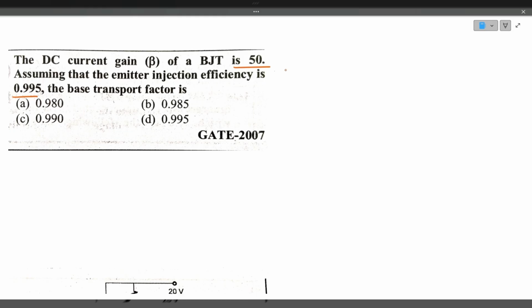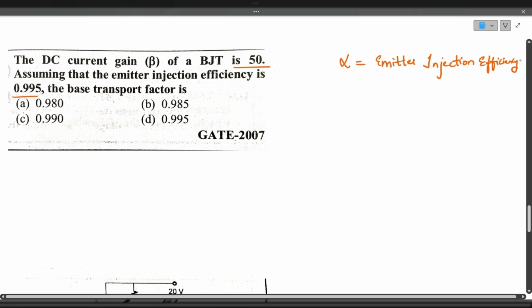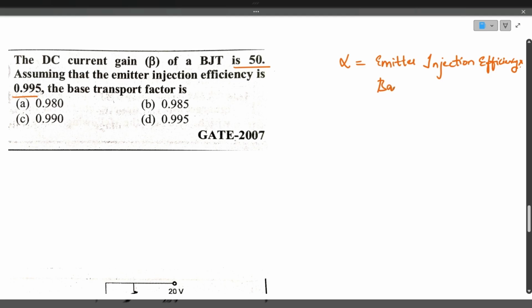So we have a formula here. Alpha, that is the DC current gain of common base, is equal to emitter injection efficiency multiplied by base transportation factor.